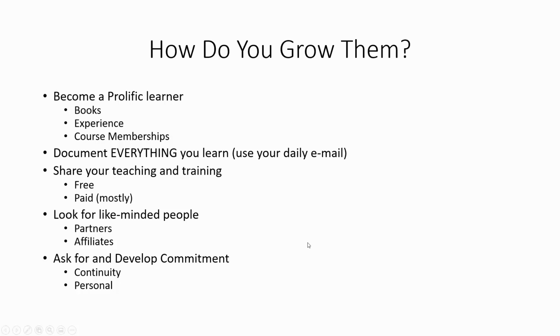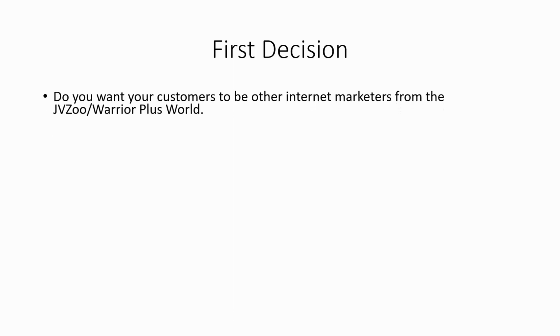All right, now, here is the first decision you must make. The very first decision you must make as a marketer. Most important decision. And it is one you do have to make. Now, you must decide who you want your customers to be. And you are going to be a business teacher. You have to decide, do you want your customers to be other internet marketers from the JVZoo Warrior Plus world?